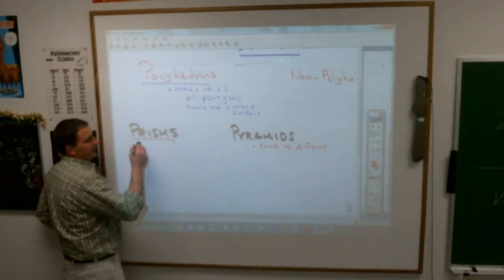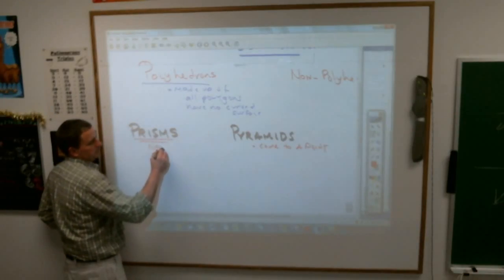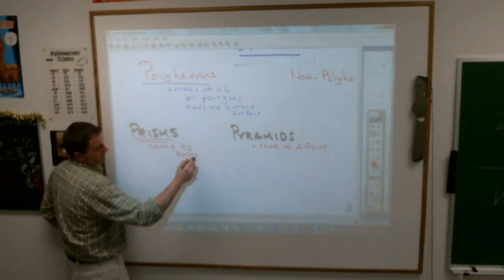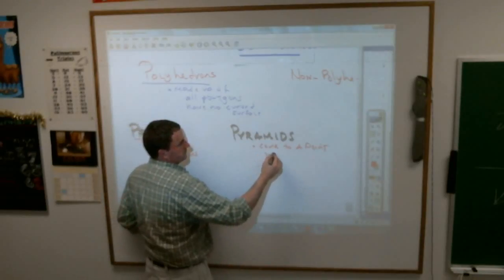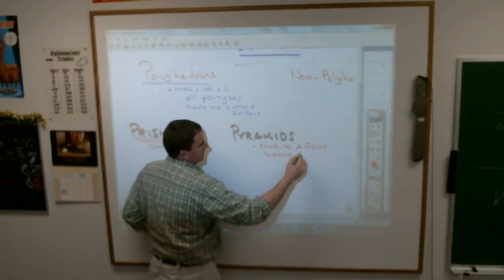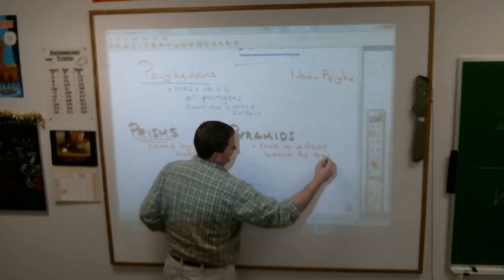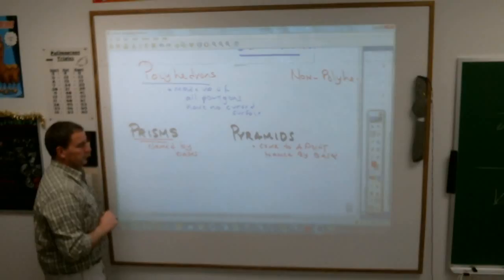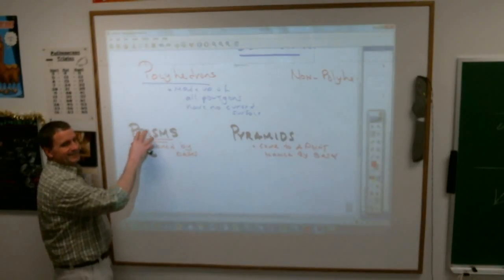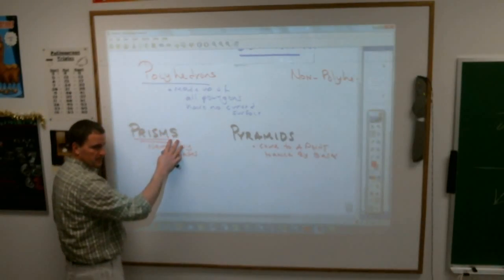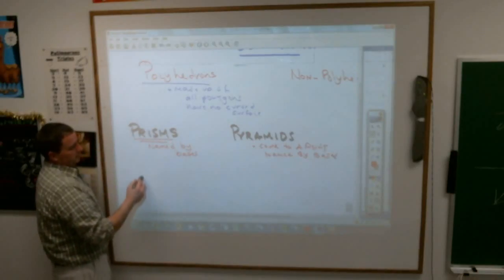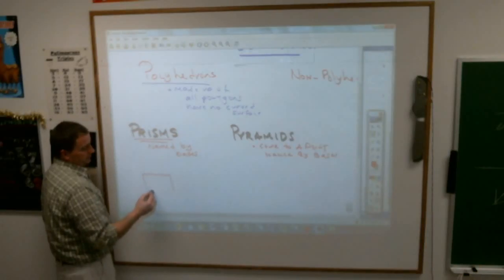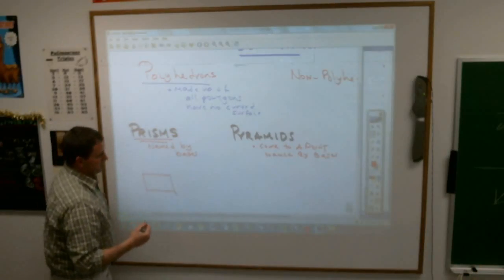These things are named by their bases. So are these. Named by whatever their bases are. For example, and we'll do a little drawing with this too, if you are talking about a rectangular prism, that means the prism that you draw will have, well, it's a box, basically.